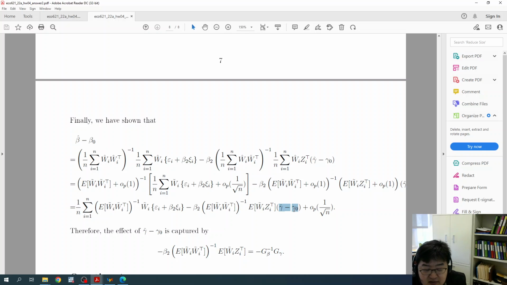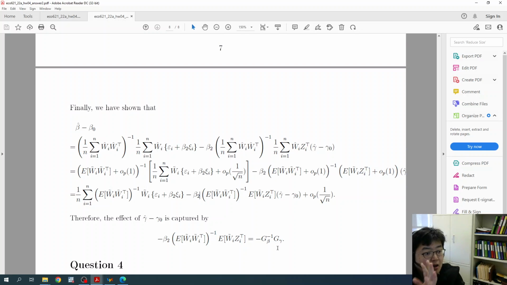The effect of the first stage estimator is captured by this coefficient. The coefficient is a matrix: minus beta 2 times something inverse times something. So this is the effect of the first stage estimator, and this equals the formula we derived in the lecture note, right? We derived it earlier.